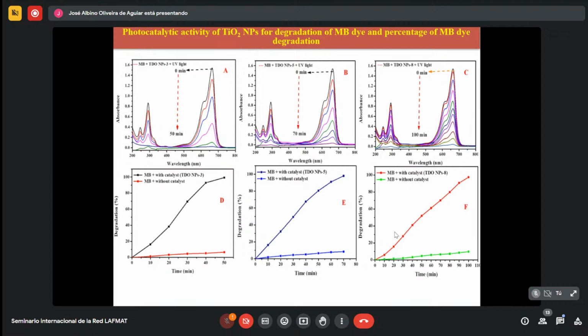The material synthesized at lower temperature shows very good photocatalytic activity. In the case of no nanomaterial, where we just pass UV radiation, there is no degradation in the first, second and third samples. But in the case of the catalyst, the percent of degradation gradually increases.